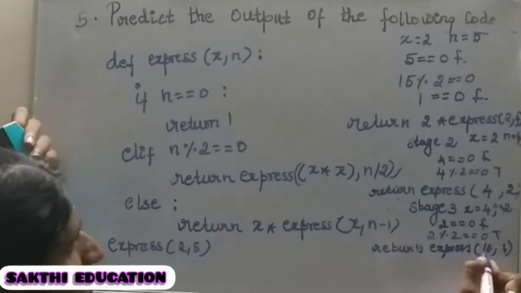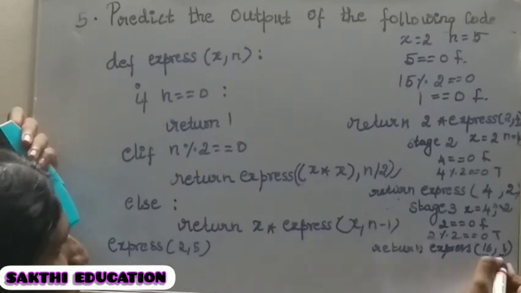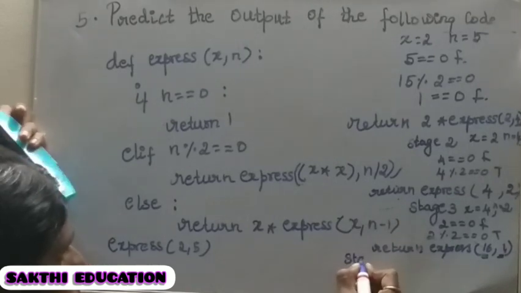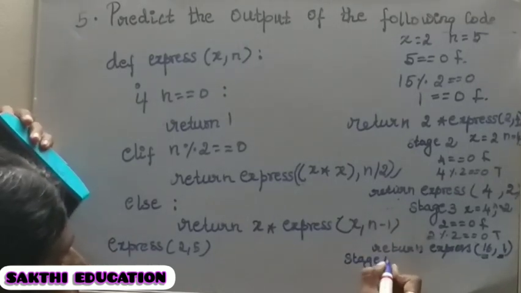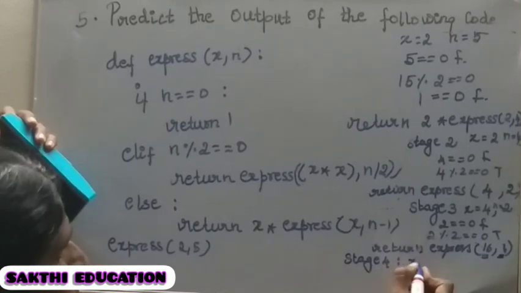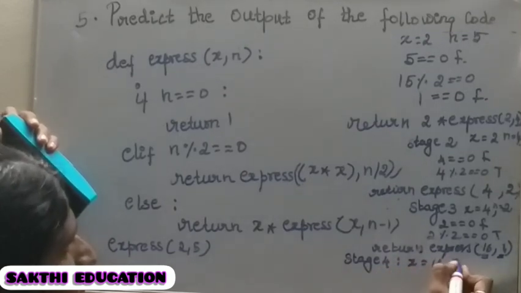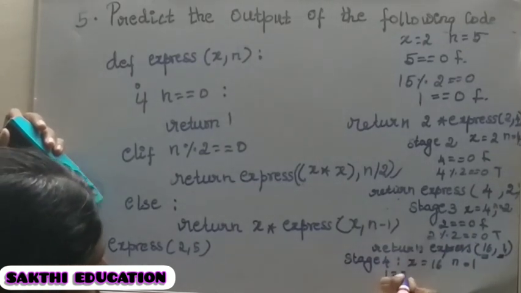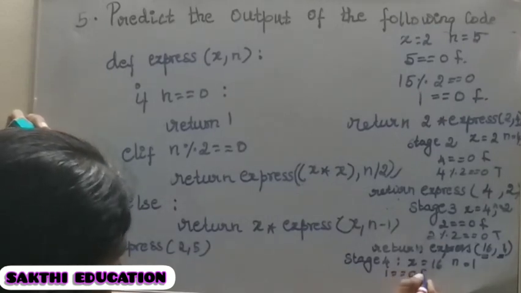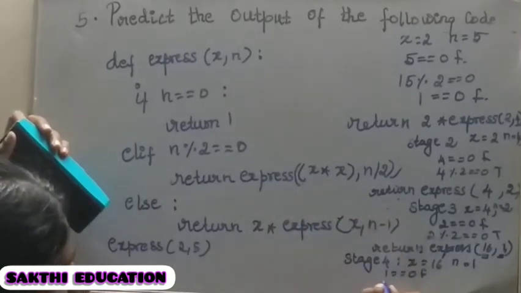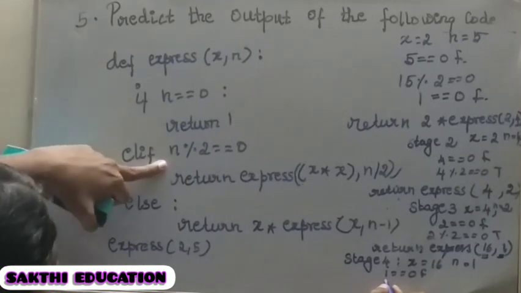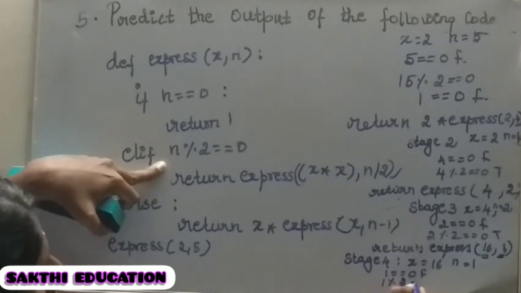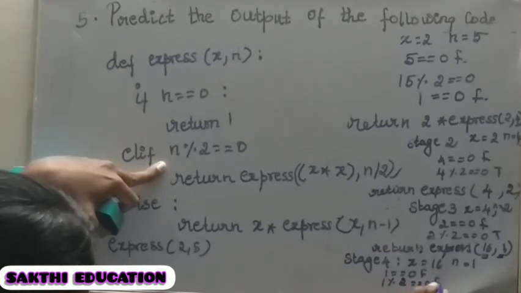Next, now x value is 16 and n value is 1. Stage 4. X is 16, n equal to 1. Now we are checking 1 equal to 0, false. Next, since it is a false statement, we are moving to n modulus 2. 1 modulus 2 equal to 0 is also a false statement.